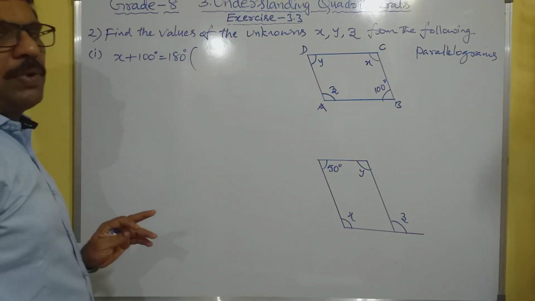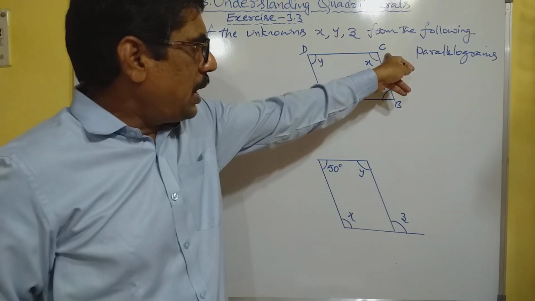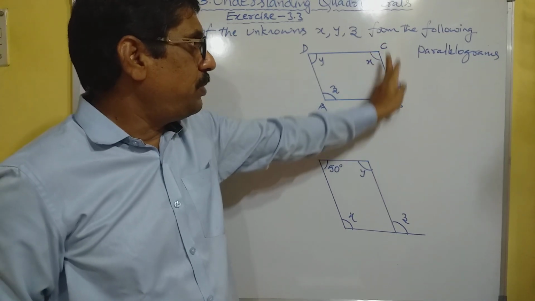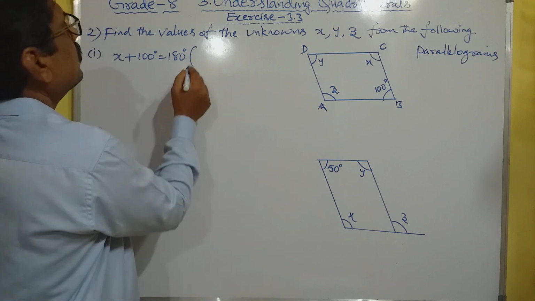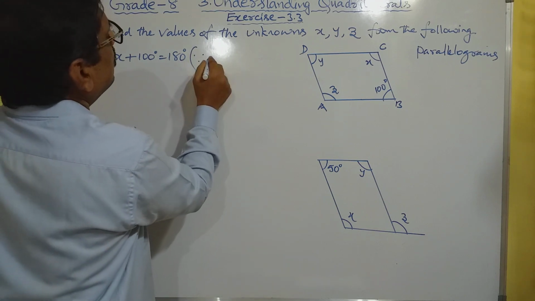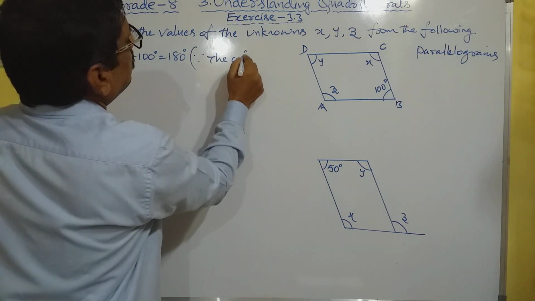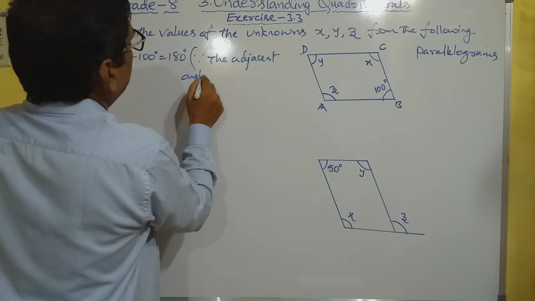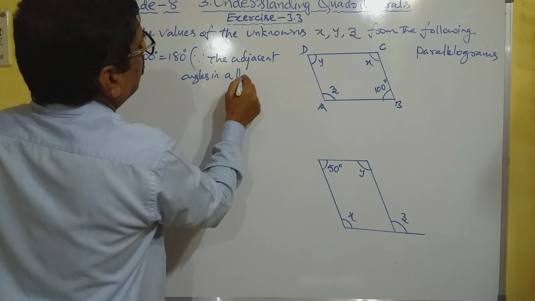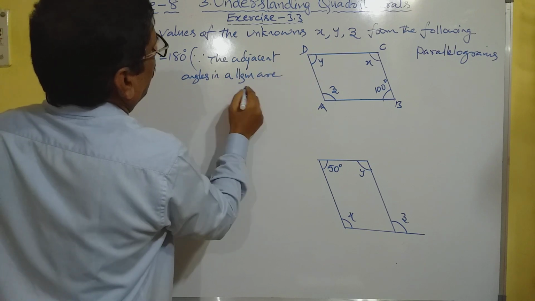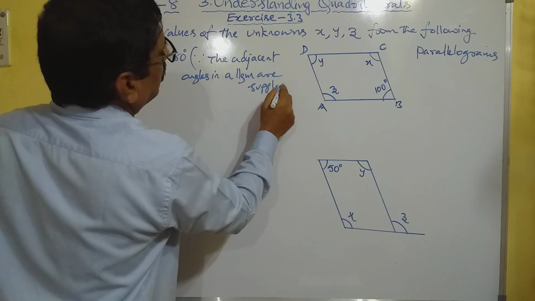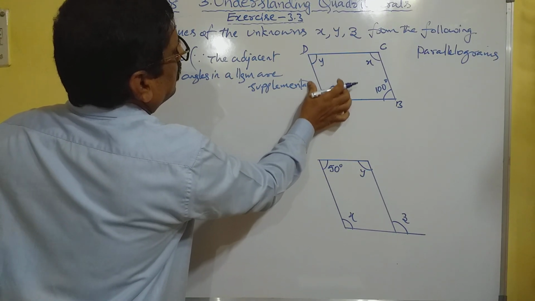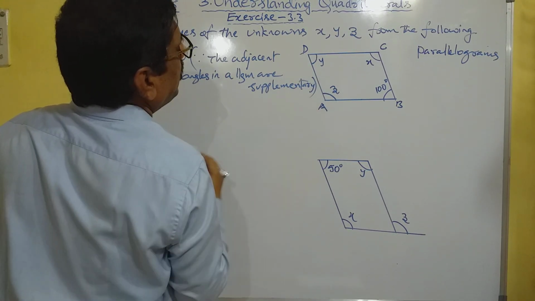Can you say the reason why? Angle B and angle C are adjacent angles. Okay, they are just beside each other. So we can say that the reason is the adjacent angles in a parallelogram are supplementary. Their sum is 180 degrees.